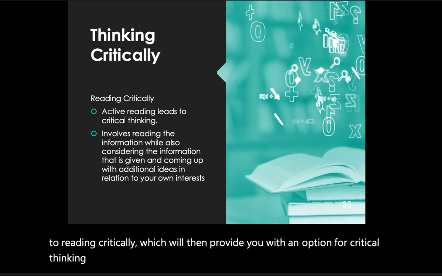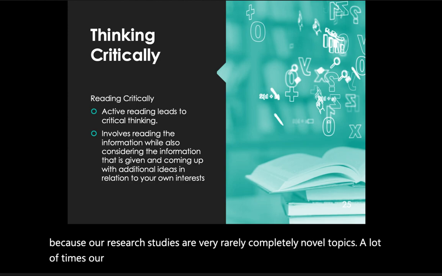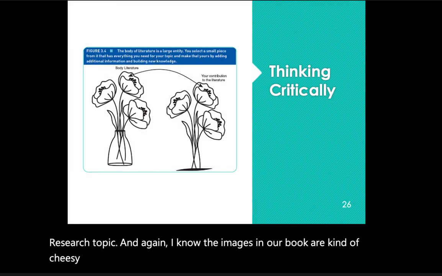And it's really important to read previous research critically because our research studies are very rarely completely novel topics. A lot of times, our research is sort of an offshoot or a subset of a previous research topic. And again, I know the images in our book are kind of cheesy, but they make a lot of sense.